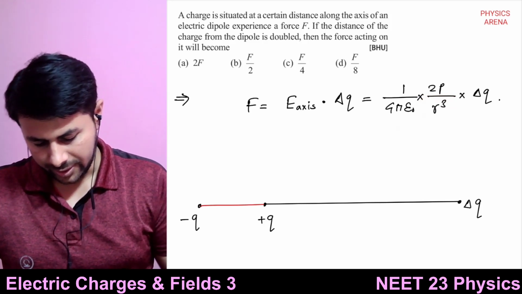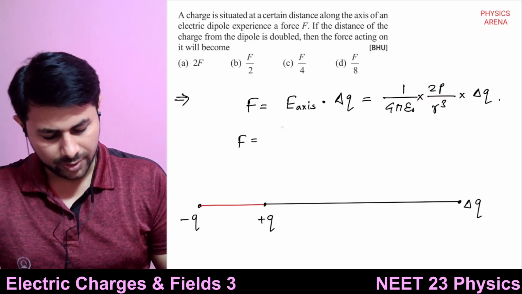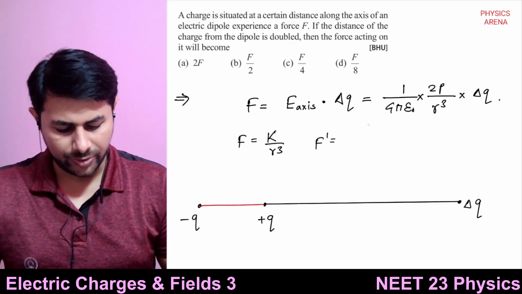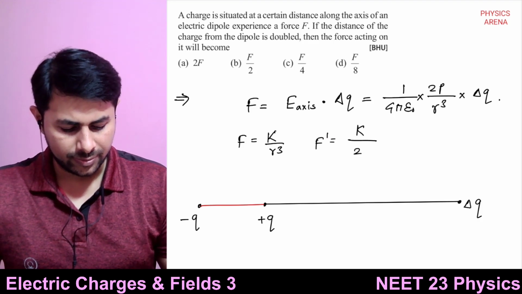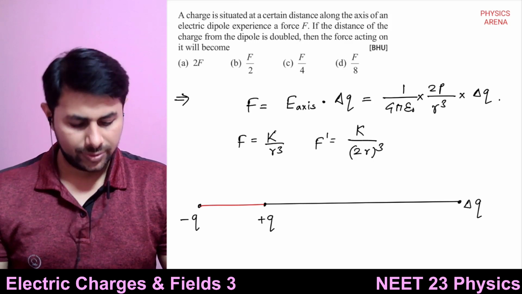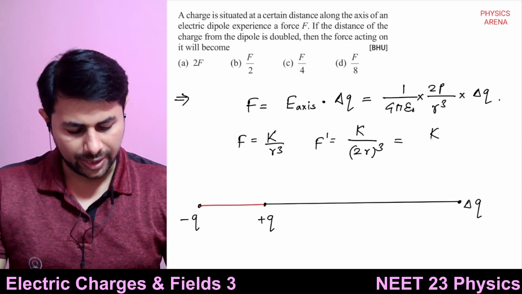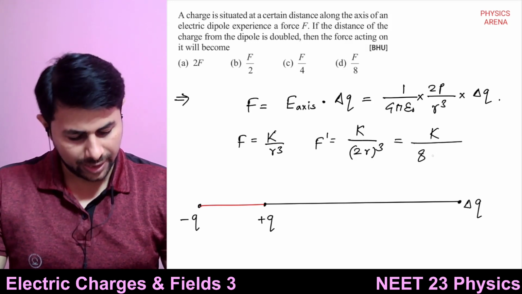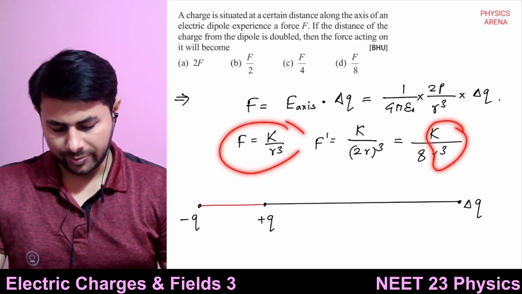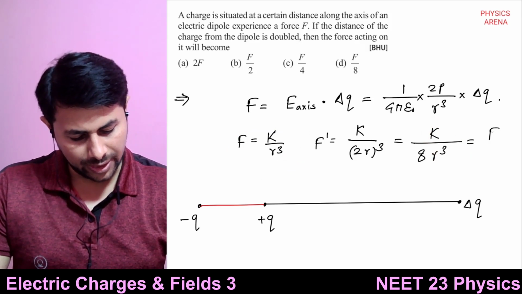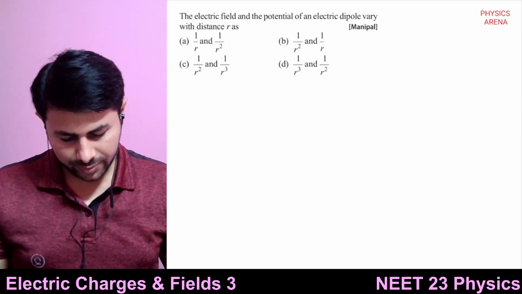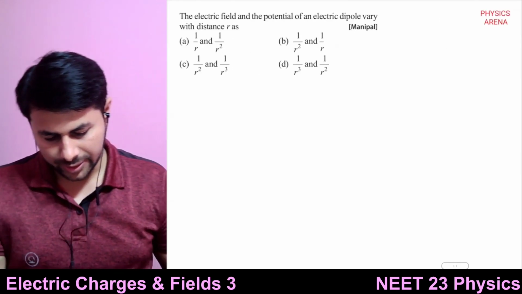So you can say F is equal to K upon R cube. So F dash will be equal to what? K divided by 2R cube, because distance has become 2R now. So that is K upon 8R cube. Okay. And what is K upon R cube? It's F. So this is equal to F upon 8. Option D. So this is very simple question.